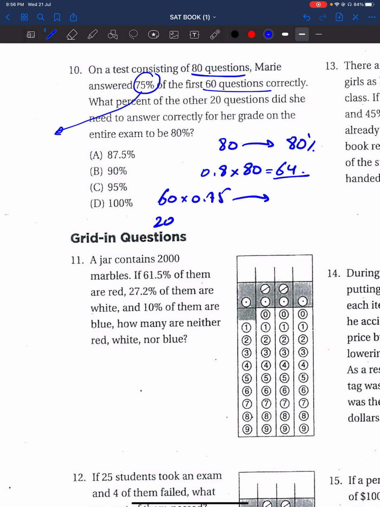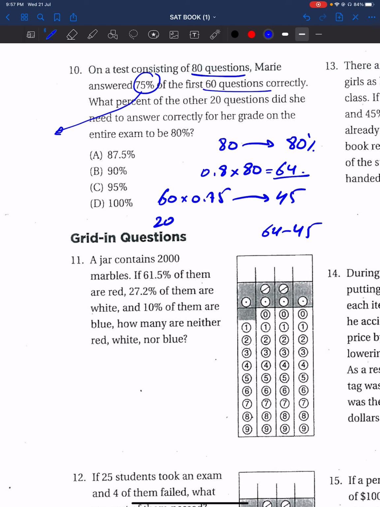So 60 times 0.75 is equal to 45 questions. She still needs 64 minus 45, which is equal to 19 questions.